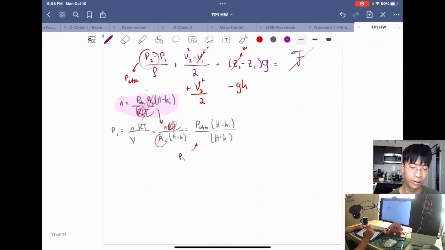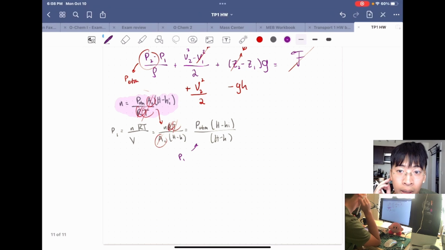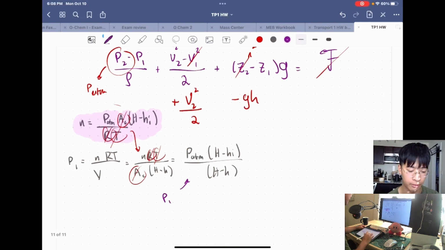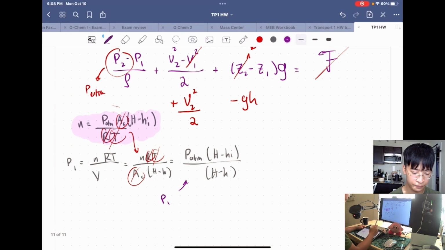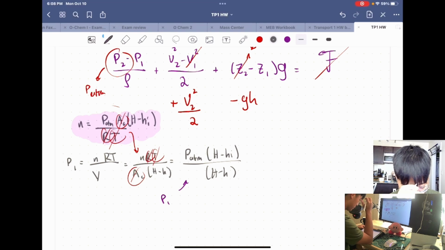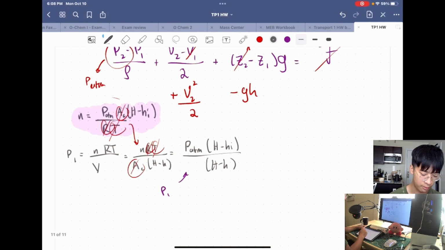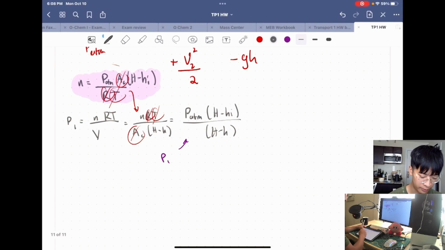So therefore, we can go ahead and finish our Bernoulli's equation here. We define Bernoulli's equation as what? Why don't I just write it out so we don't become confused?